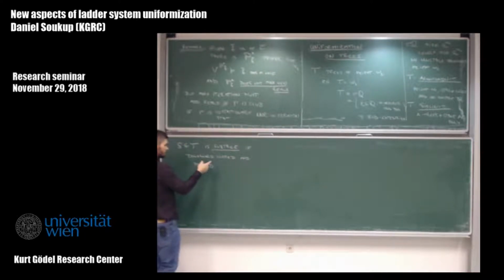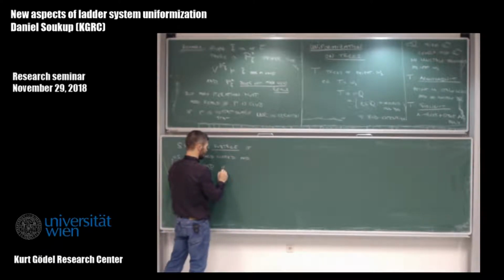So downward closed means what it's supposed to mean, that if you have an element s in S and something below it in T, then it's also in S. Which means that T and S have the same level structure. So the alpha level in S is a subset of the alpha level in T.